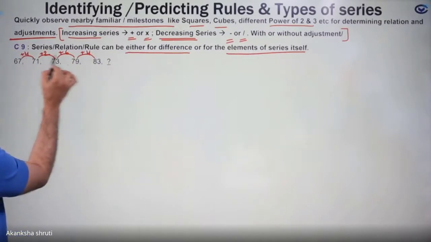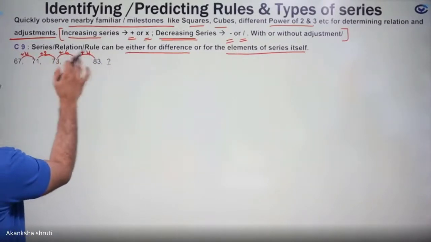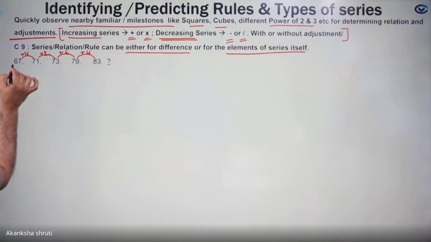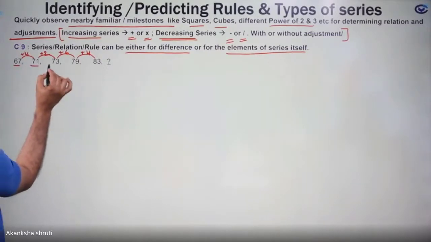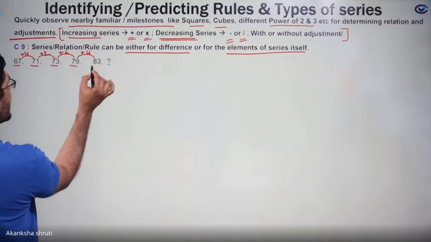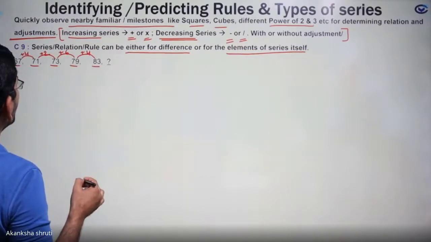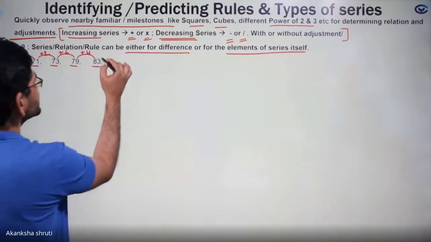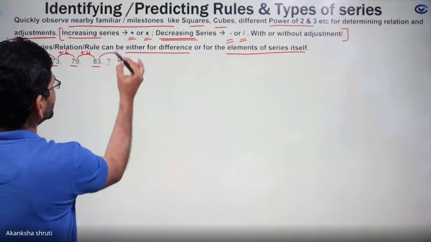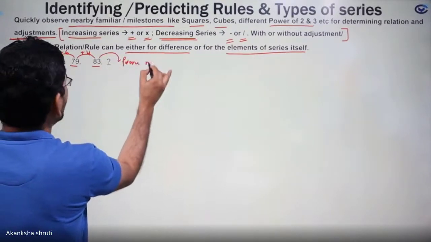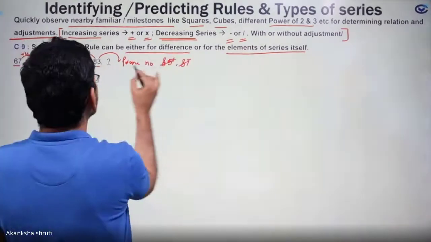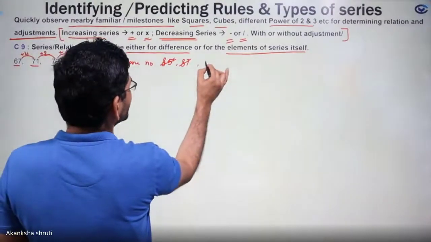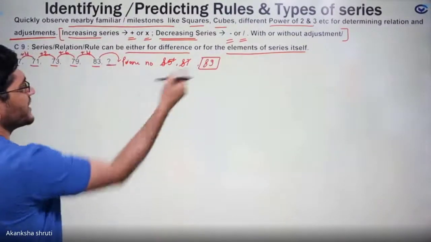Here we are observing that these differences are not uniform or constant. But if we watch the numbers carefully, 67, 71, 73, 79 and 83, all of these are prime numbers in increasing order. So the next number will be the prime number greater than 83, which is 89. The next unknown term is 89.